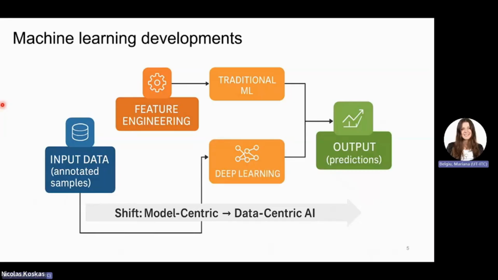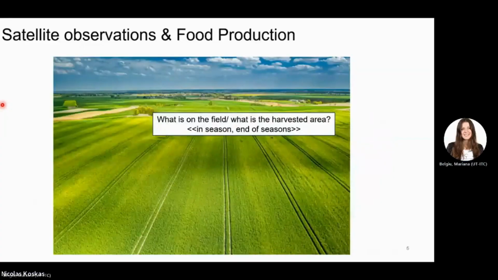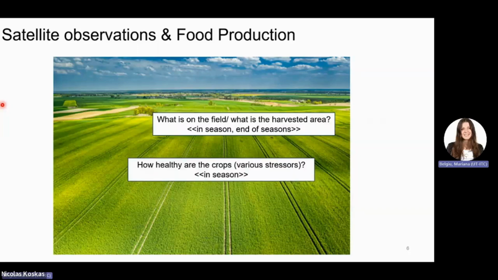Thanks to these key developments when it comes to satellite image resolutions and machine learning, we can use this information for food production. In particular, we can use these technologies to answer questions such as what is on the field and what is the harvested area, and we can do this in the growing seasons or at the end of the growing seasons.